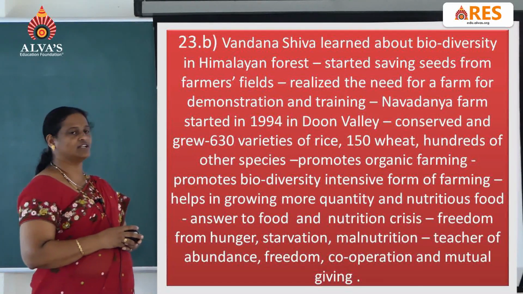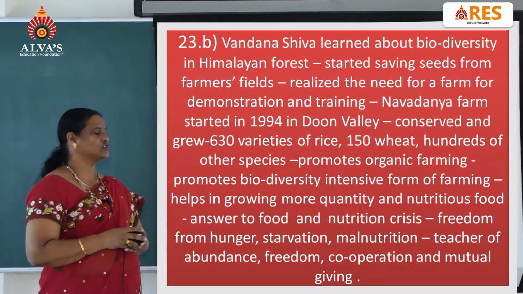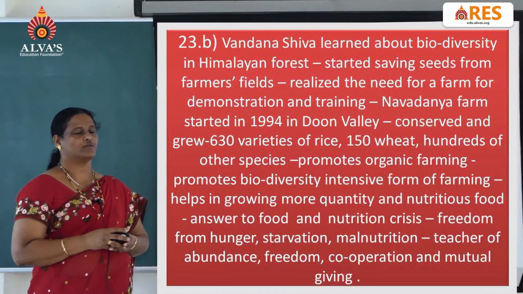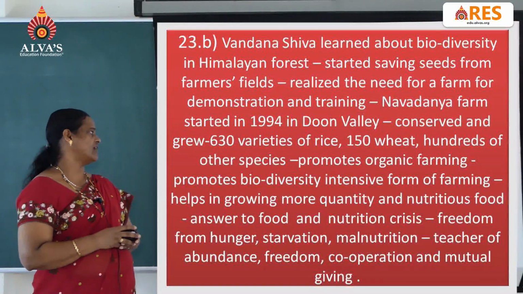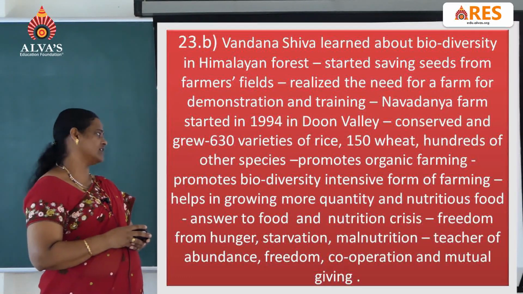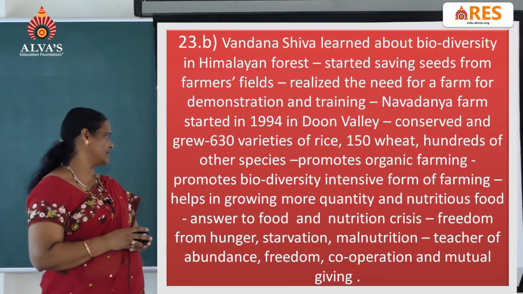Navdanya farm started in 1994 in Doon Valley. She conserved and grew more than 630 varieties of rice, 150 varieties of wheat and hundreds of other species. She promotes organic farming and biodiversity-intensive farming.